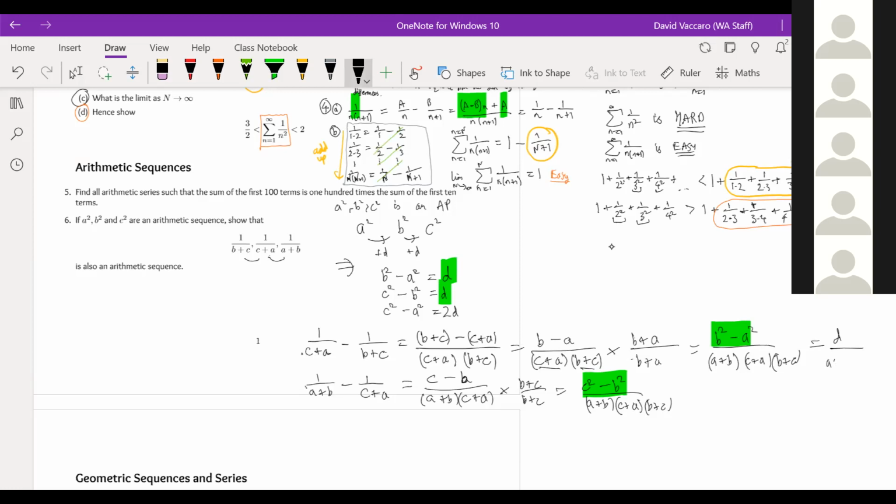So we've got d over a plus b, c plus a, b plus c. And here we've got d over a plus b, b plus c, a plus c. And so we've got that 1 over b plus c, 1 over c plus a, and 1 over a plus b also have a common difference.